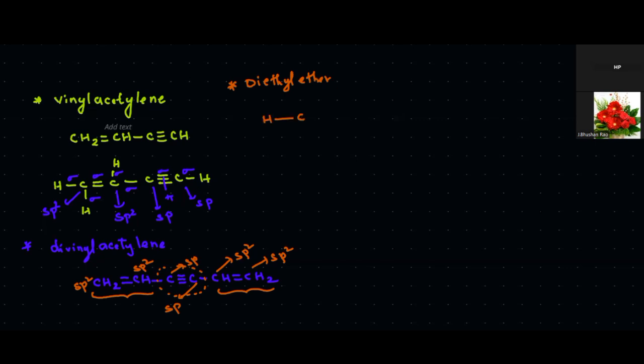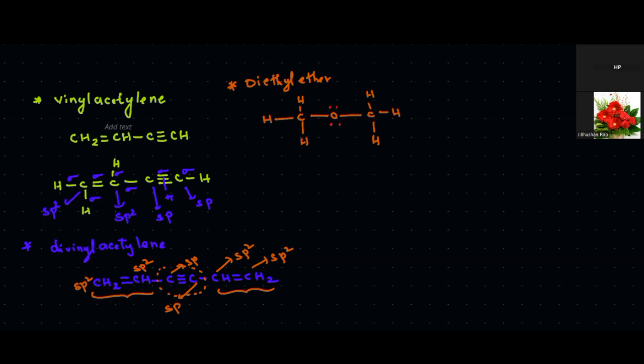It is CH3, which is attached to one oxygen, and one more carbon. Here also CH3, three hydrogens attached to one carbon. This is called ether, diethyl ether. This oxygen has two lone pairs of electrons.